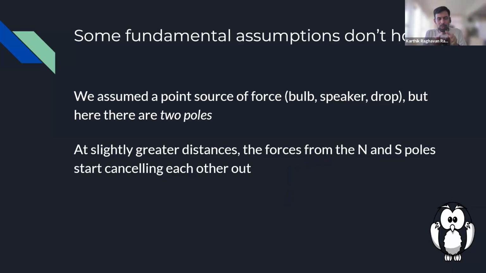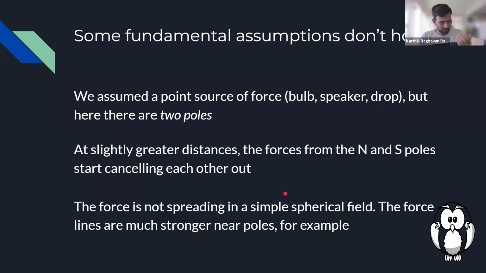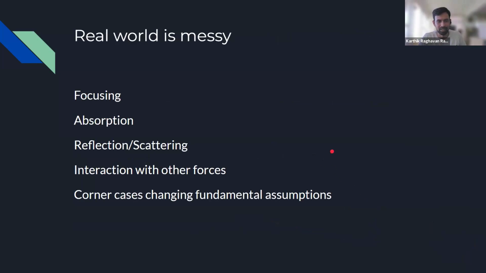I'm sure some of the older kids would have seen that iron filings experiment, where you place a magnet beneath iron filings and it forms those ovals. I forgot to put a picture, but you must have seen those oval pictures and the lines going out. So the force is not spreading in a simple spherical field. The force lines are much stronger near the poles. Because the force is no longer spreading in a bubble, the inverse square law no longer holds.